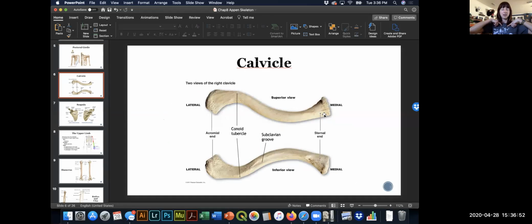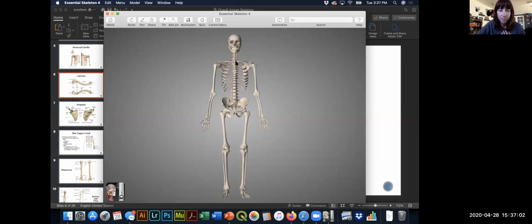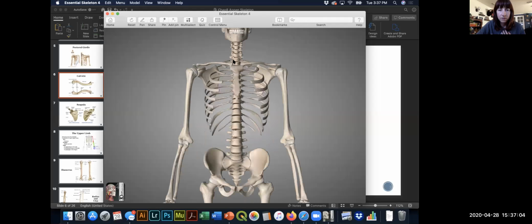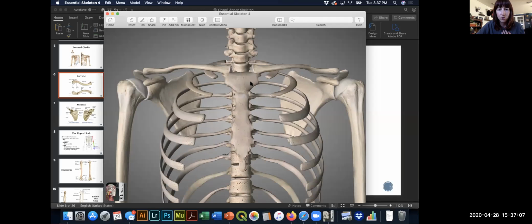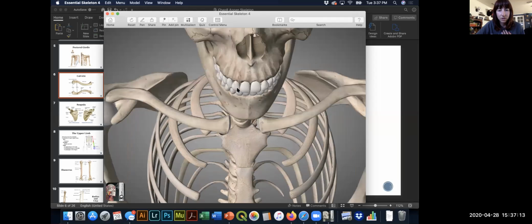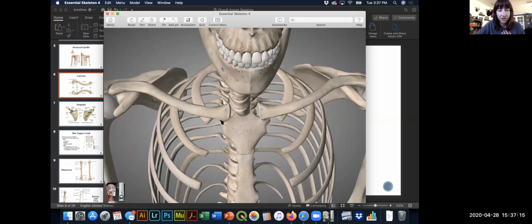Because it's interacting with the sternal notches of your manubrium, which is that top part of your sternum. Okay, so here's your manubrium. Here's your clavicular notches. Let's see if I can tilt a little bit here. So see how they're interacting with the clavicular notches at the sternal end.